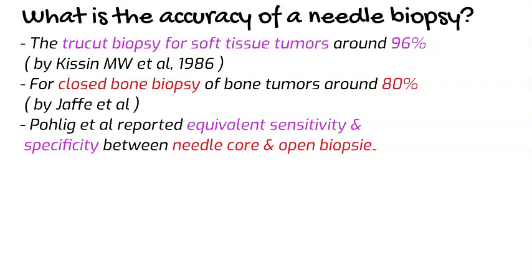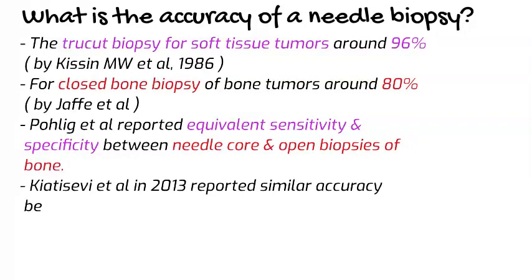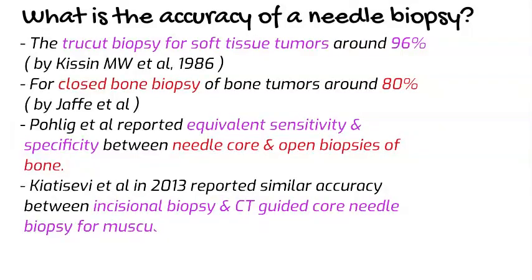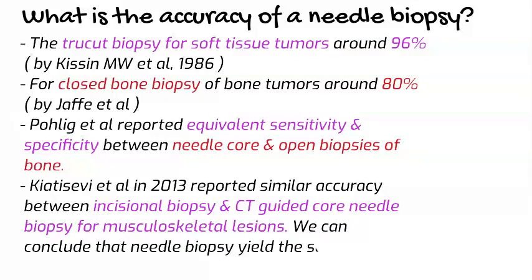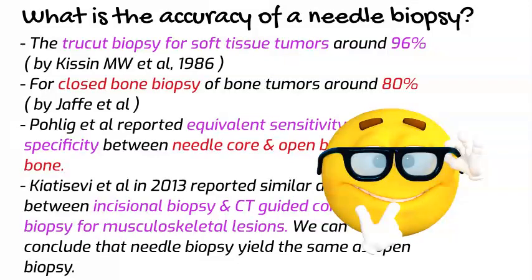Other studies reported equivalent sensitivity and specificity between the needle core and open biopsies of bone, and similar accuracy between the incisional biopsy and CT-guided core needle biopsy for musculoskeletal lesions. We can conclude that the needle biopsy yields the same as open biopsy.